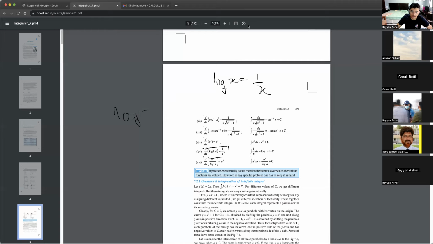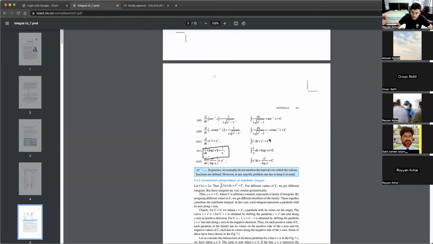And so again, with the antiderivative, we know that the derivative of log x is equal to 1 upon x. So in the same way, the integral of 1 upon x will be equal to log of mod x plus c.